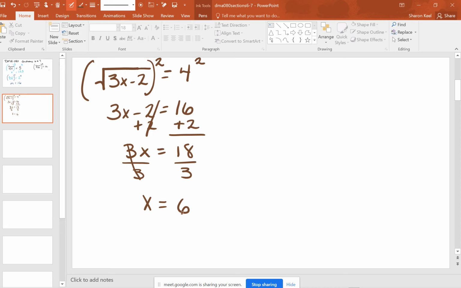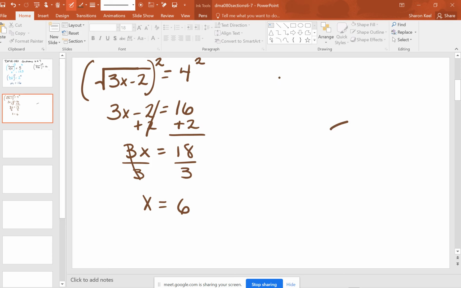If I took the number 6 and I plugged it back in, 3 times 6 would give me 18. 18 minus 2 would be 16, and the square root of 16 is equal to 4. So once you do this, you would plug in the value that you get to be sure that it is correct.